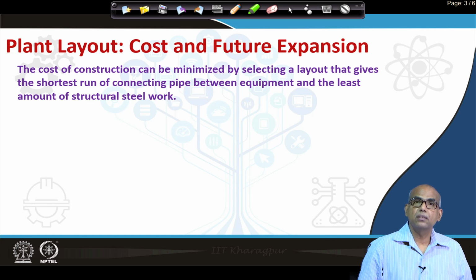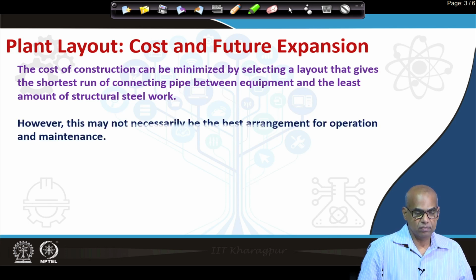These are the factors that need to be considered for plant layout based on cost and scope for future expansion. The cost of construction can be minimized by selecting a layout that gives the shortest run of connecting pipe between equipment and the least amount of structural steelwork.